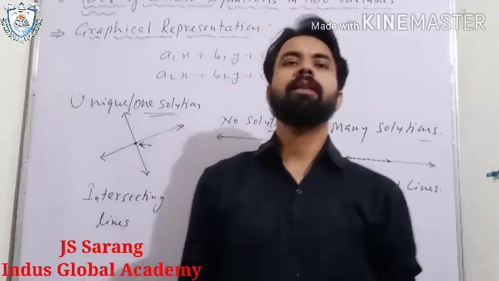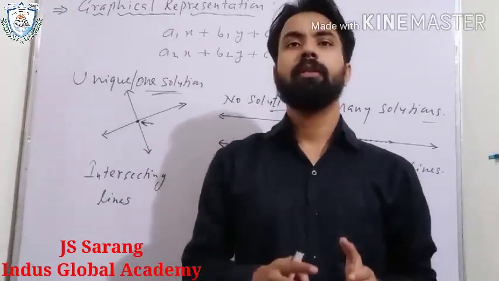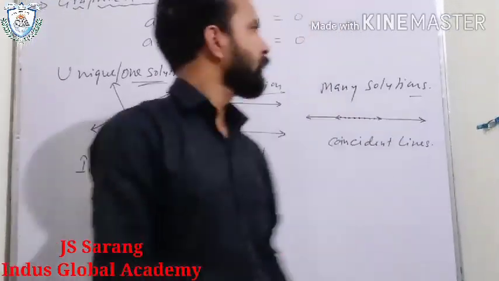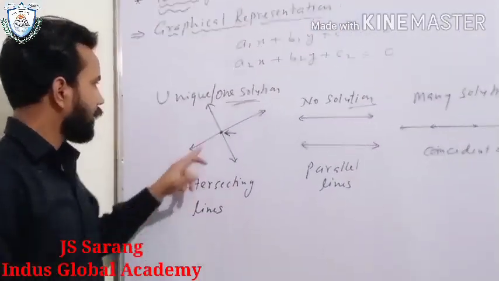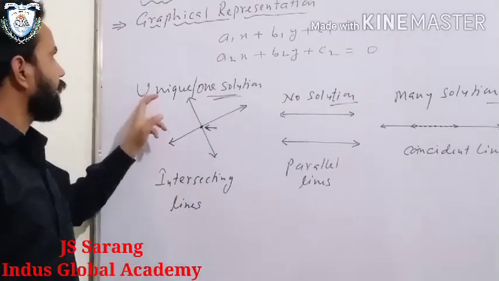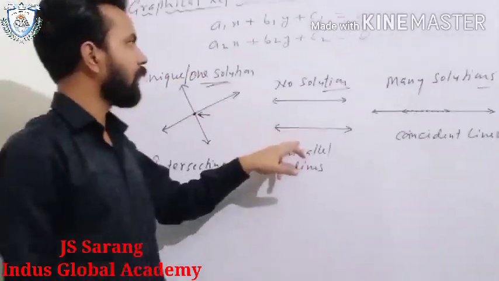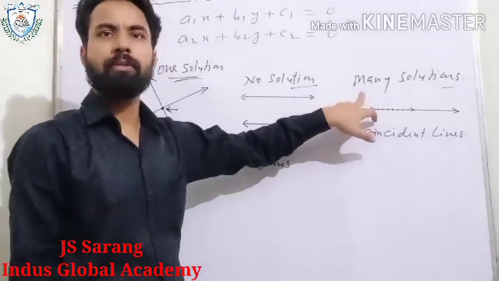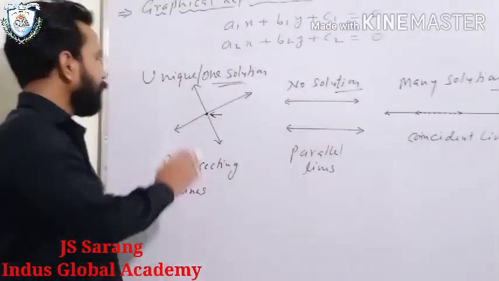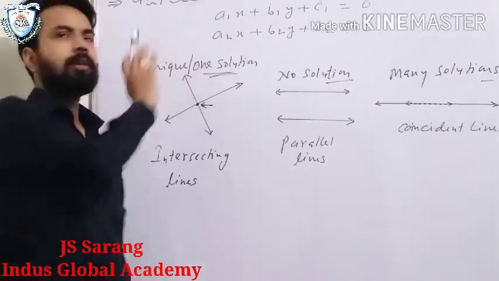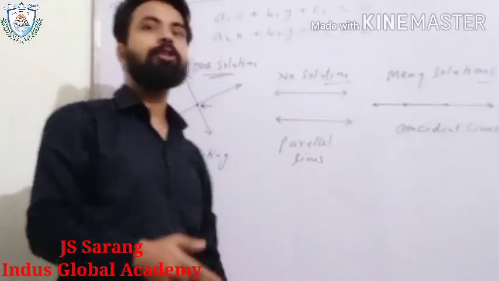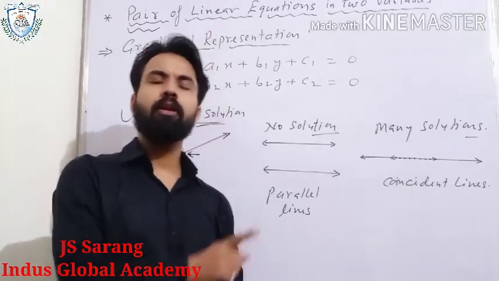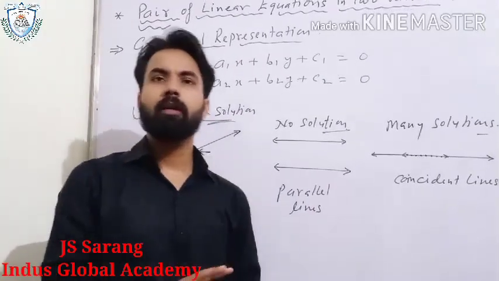Now students, we will discuss the nature of lines. I told you this type of equations are known as intersecting lines and it has a unique solution. These are parallel lines, no solution. These are coincident lines, they have many solutions. So beta, if a pair of linear equations in two variables has at least one solution, that means the nature of the pair of linear equations will be consistent.